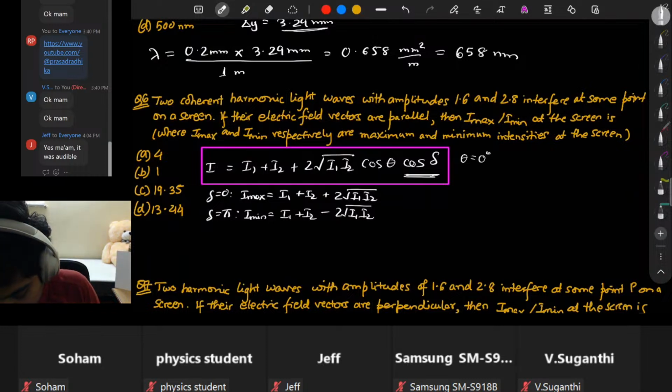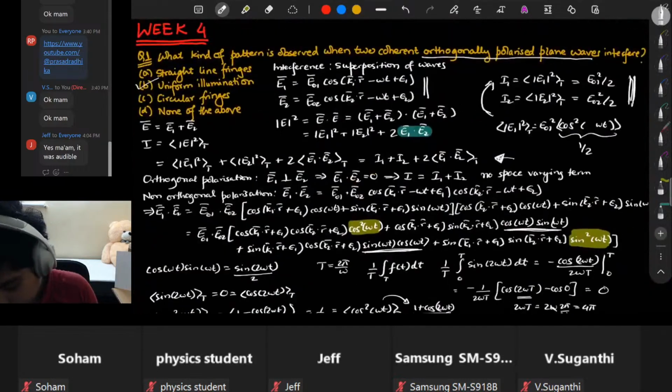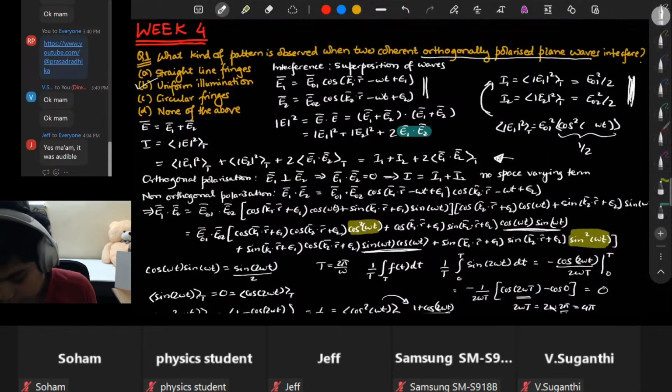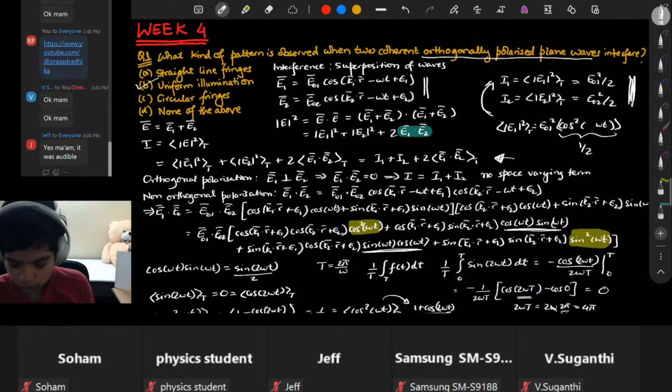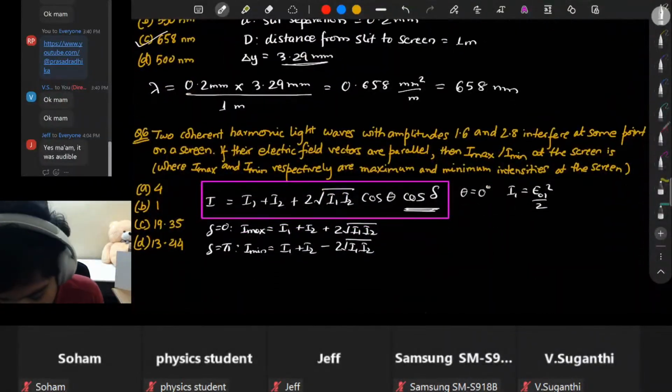And we are also given these amplitudes. I1 is E naught 1 squared by 2. We had seen this in the very first question, I1 and I2 as E naught 1 squared by 2 and E naught 2 squared by 2. So that is what we will use. E naught 1 is 1.6, so this is 1.6 squared by 2.